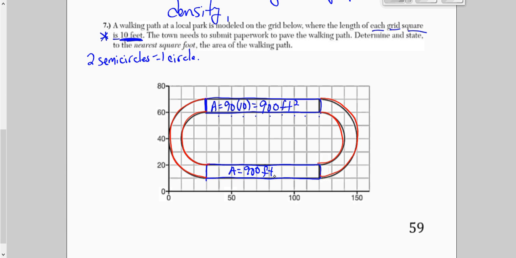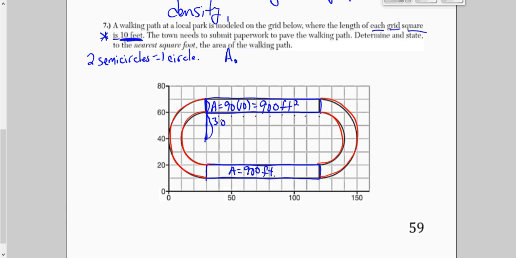Okay? So let's get the area of the circles then. We got a big circle and a little circle. So the area of the 2 half circles, or 1 full circle. First of all, we're going to need to get the radii for each. So for this big circle, it looks like we have a radius of 30.